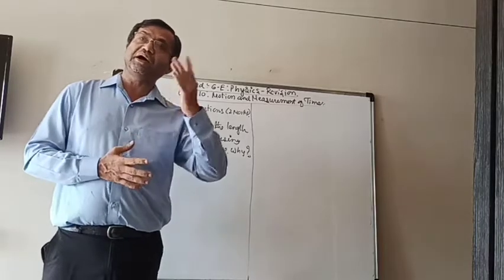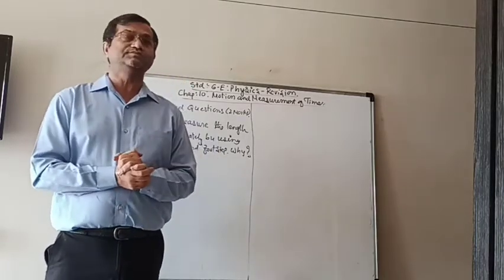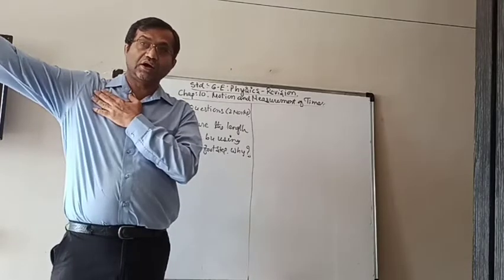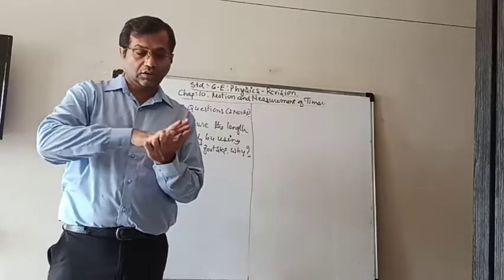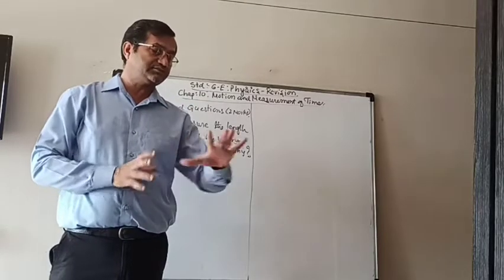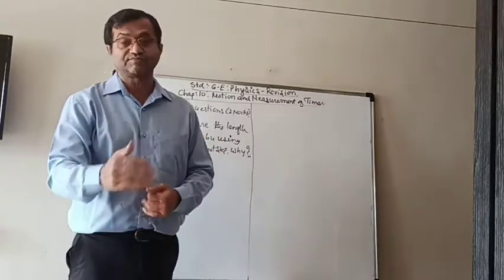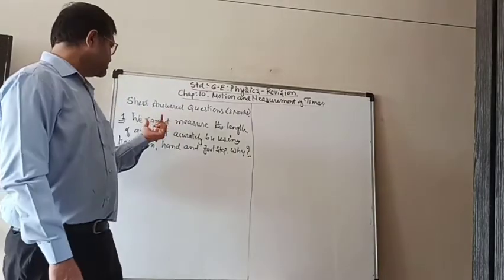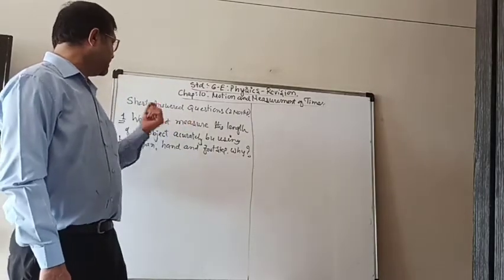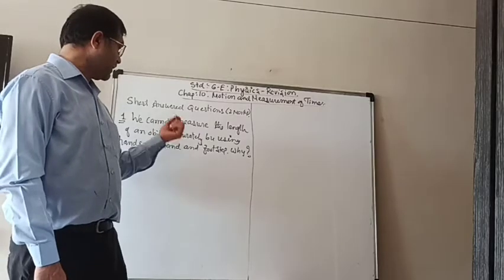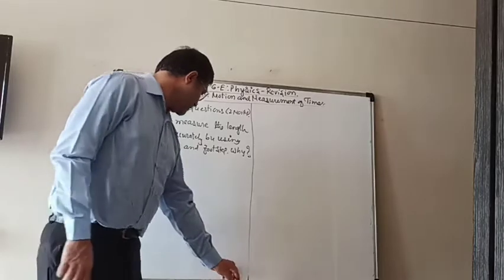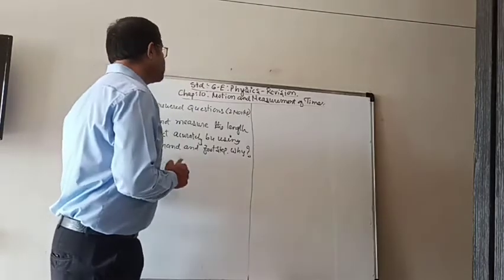Now we know that in ancient times they were also using this handspan, like the palm or footsteps, etc. Now the question is, we cannot measure the length of an object accurately by using handspan, hand and footstep.